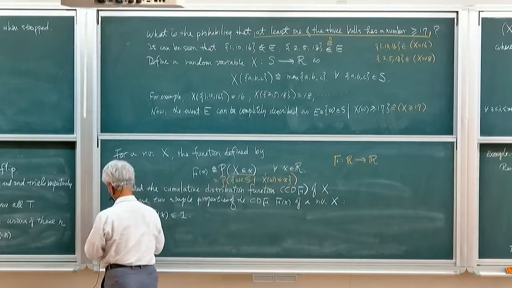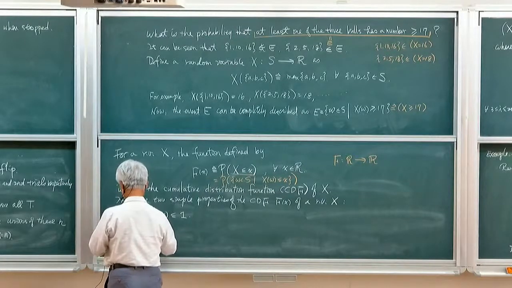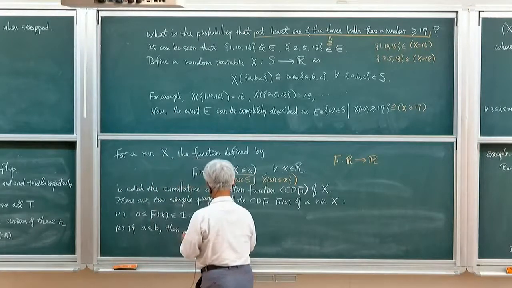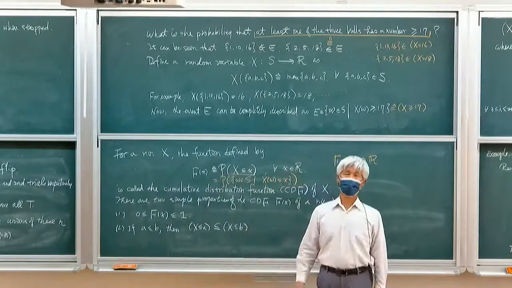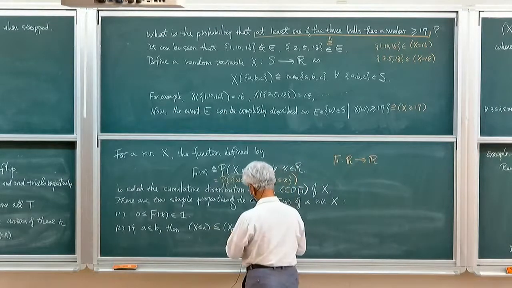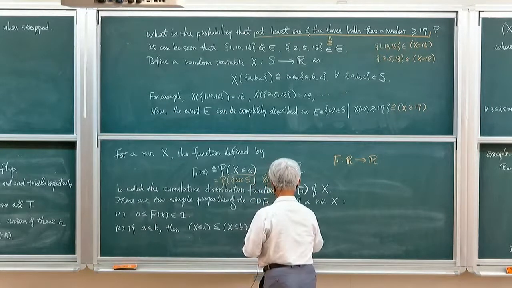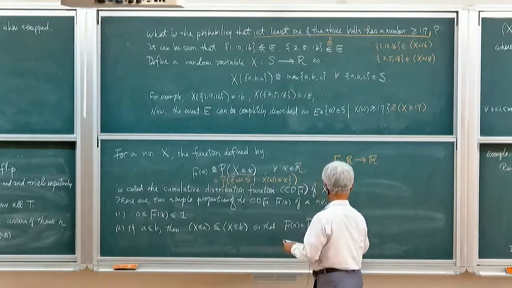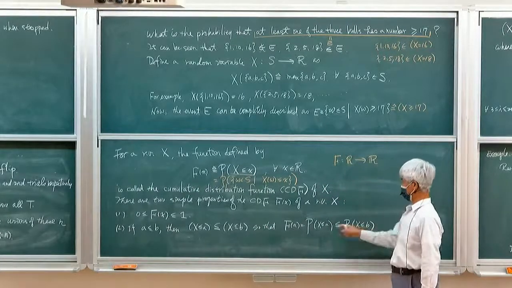The second property is that if a is less than or equal to b, then the event X less than or equal to a is contained in the event X less than or equal to b. So this event is bigger than that one. And so F of a, which is the probability of X less than or equal to little a, will be less than or equal to the probability of X less than or equal to b, because this event is bigger.